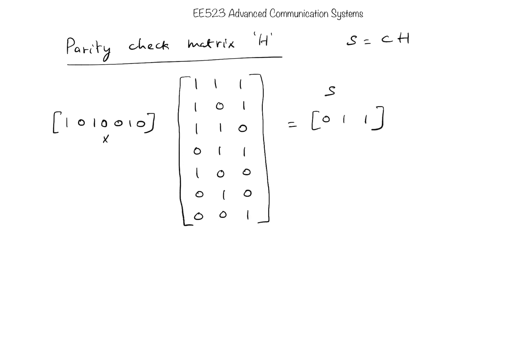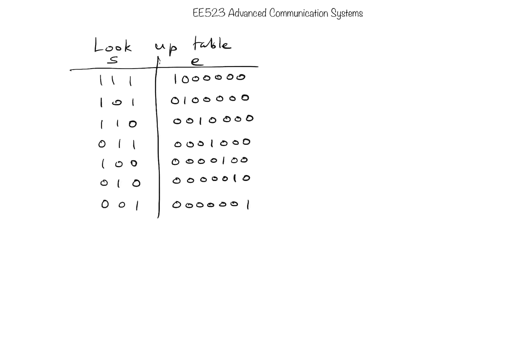So the received code word that we have here is 1 0 1 0 0 1 0, and that gets added modulo 2, which is the same as the XOR operation, with the error vector corresponding to the syndrome that we have computed. So the error vector corresponding to the syndrome is this error vector E, which has a 1 in the fourth position. So it adds 0 0 0 1 0 0 0.